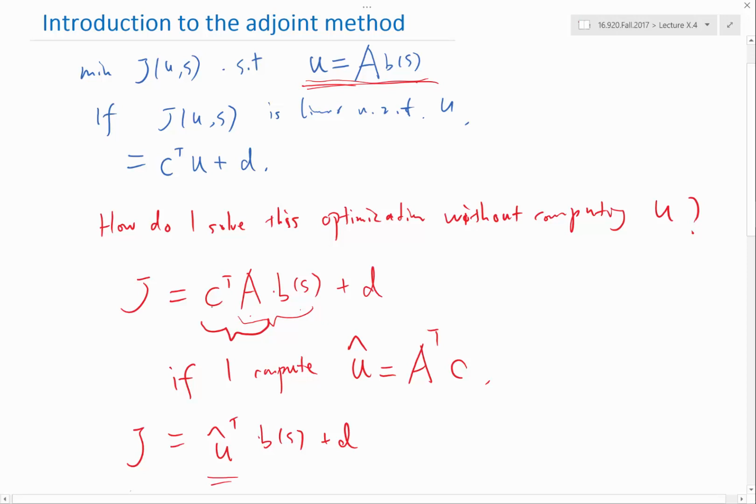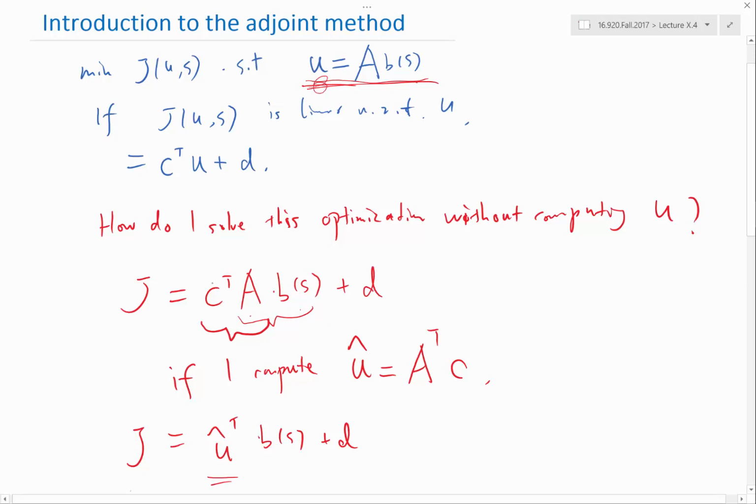The adjoint way, which is also called the backwards way, and that's why in neural networks they call it backward propagation, goes backwards. We start from the left hand side of the formula. We compute how the objective function would be sensitive to the solution, which is c, right?